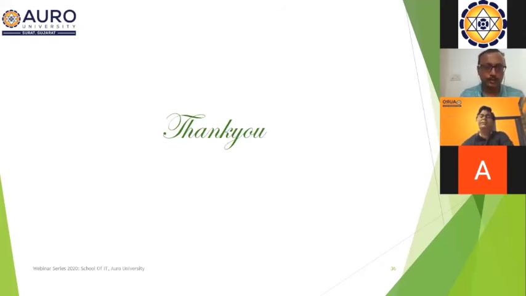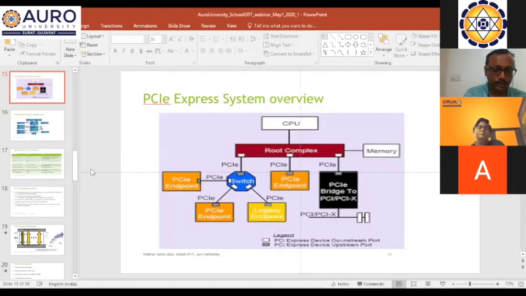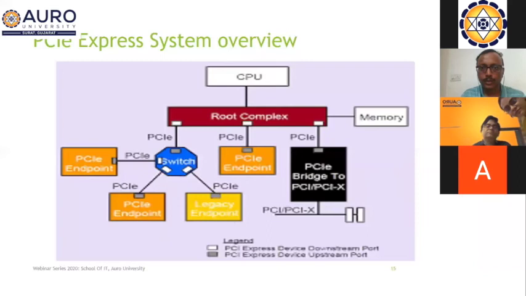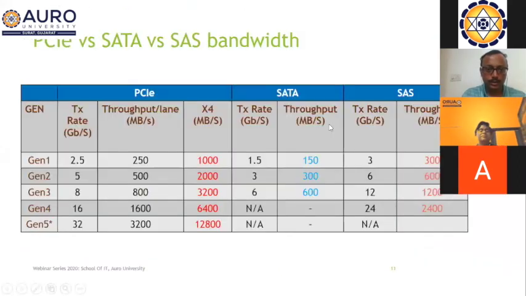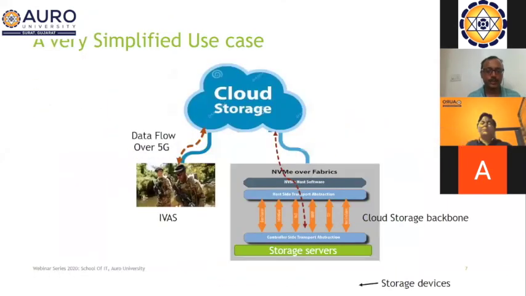So let me go back to my slides. Here is the use case. You see the 5G is roughly coming around 2.5 gigabyte per second.